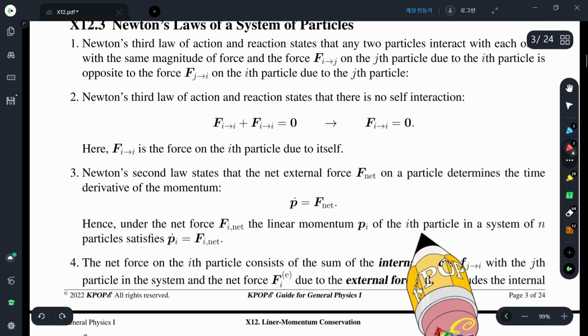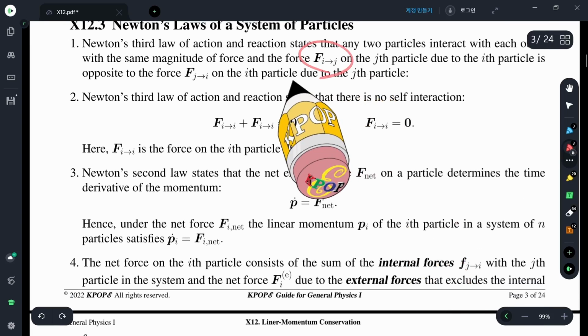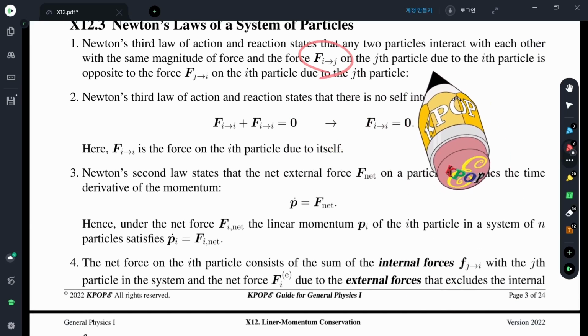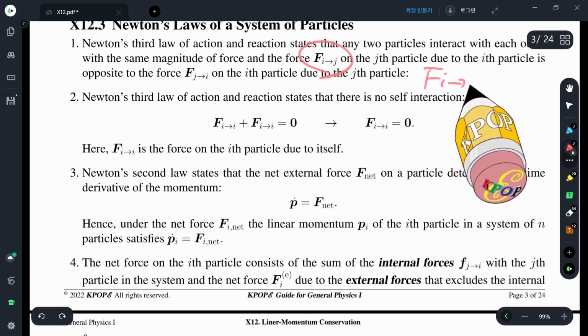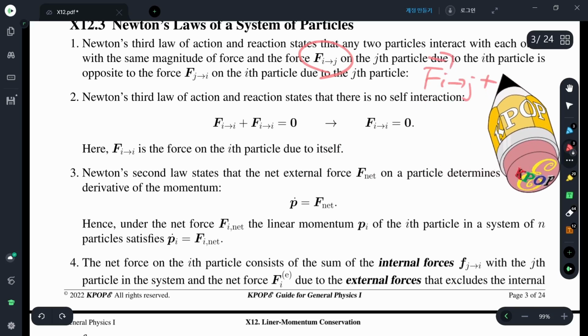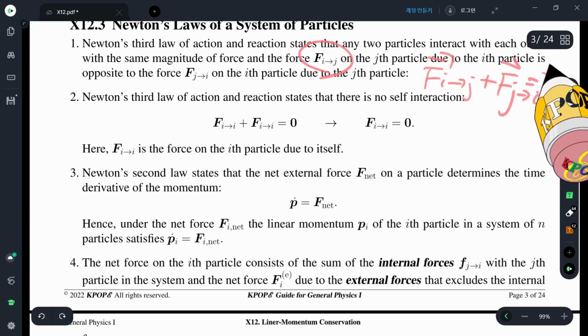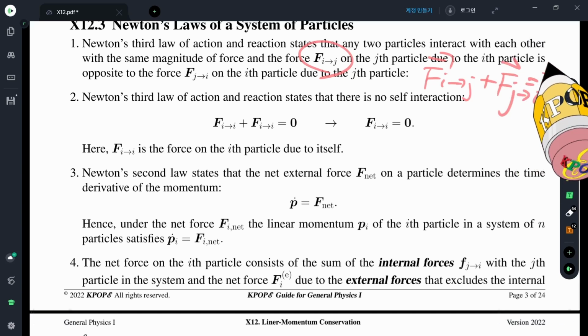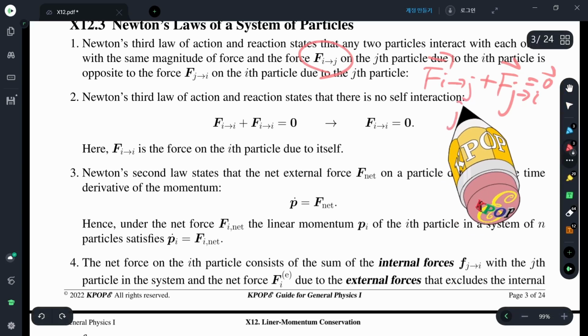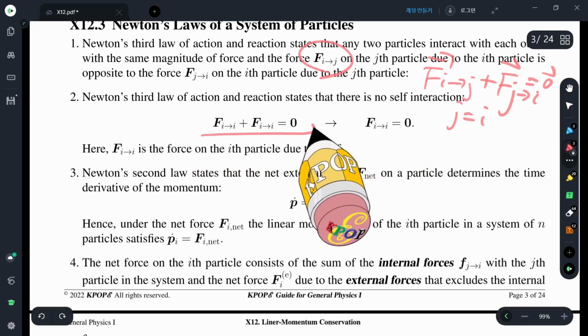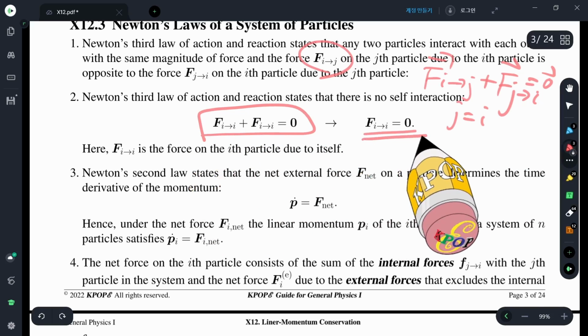Newton's laws for a system of particles. If we consider two particles communicating with each other, the two forces cancel exactly. That is Newton's third law. And if I substitute j equals i, we find that the self-interaction vanishes. It is impossible to have a self-interaction.